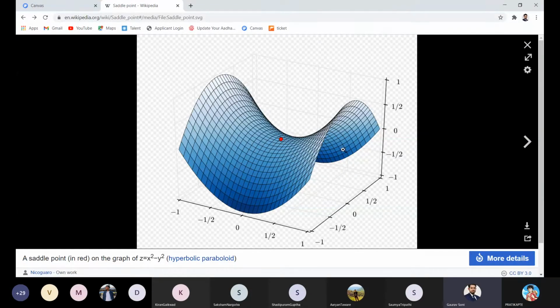So now, as you can see in this graph, there is a red point there.